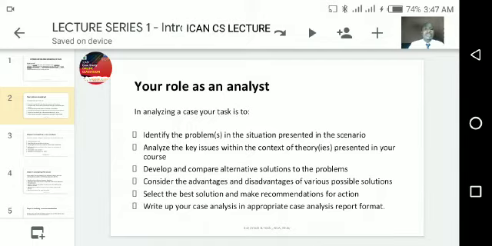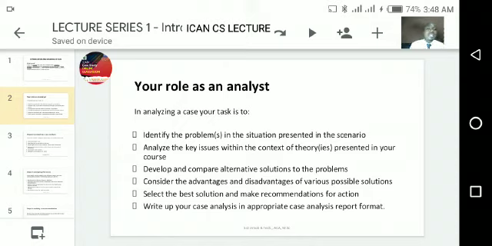So you need to identify this core problem. What are the challenges that the company is facing at that time? You need to identify this problem, because until you identify the problems, you cannot analyze the problem, and then you cannot provide a solution. So that is more reason why you need to be able to identify these problems presented in the case.